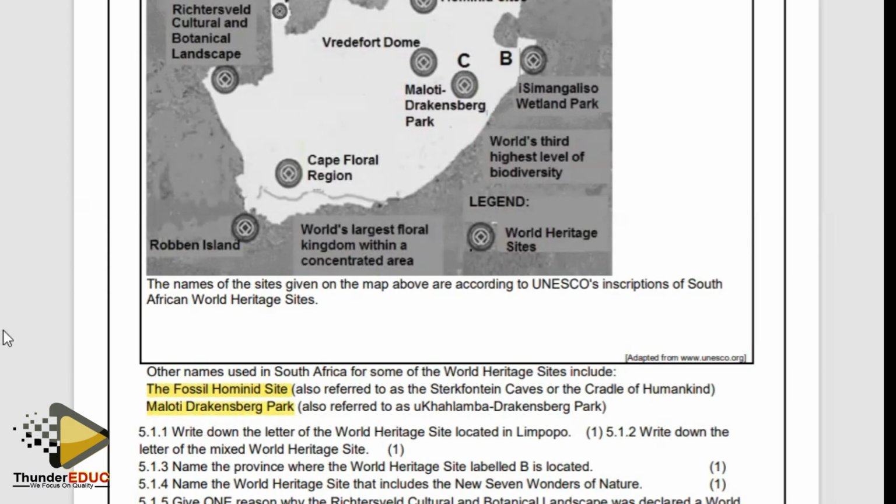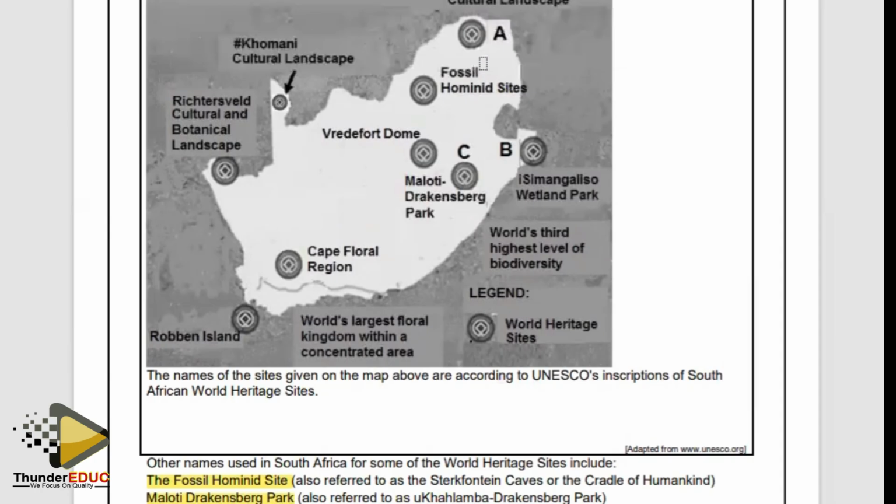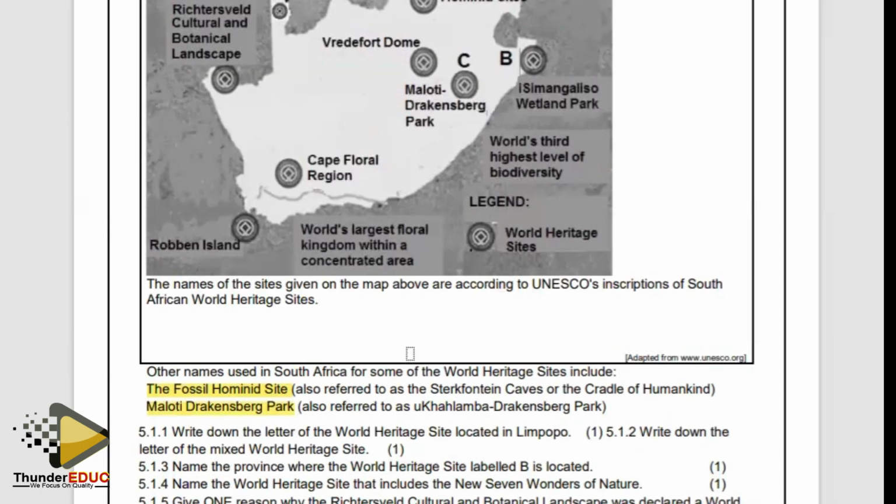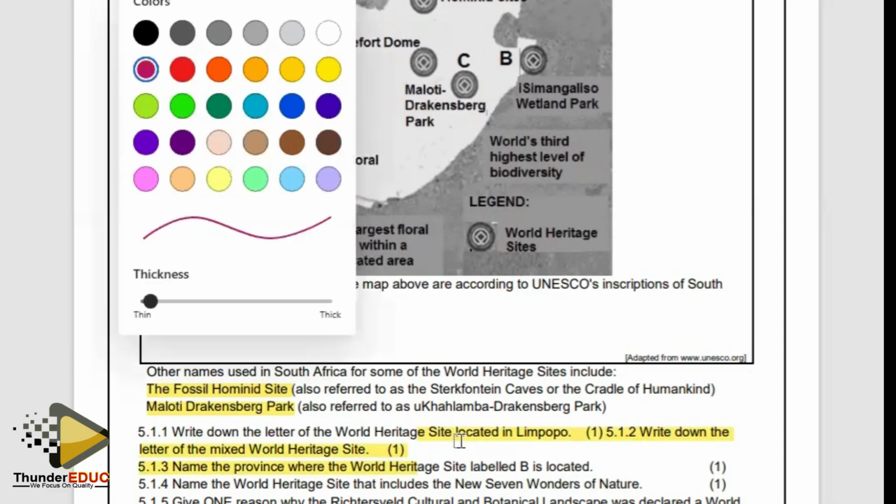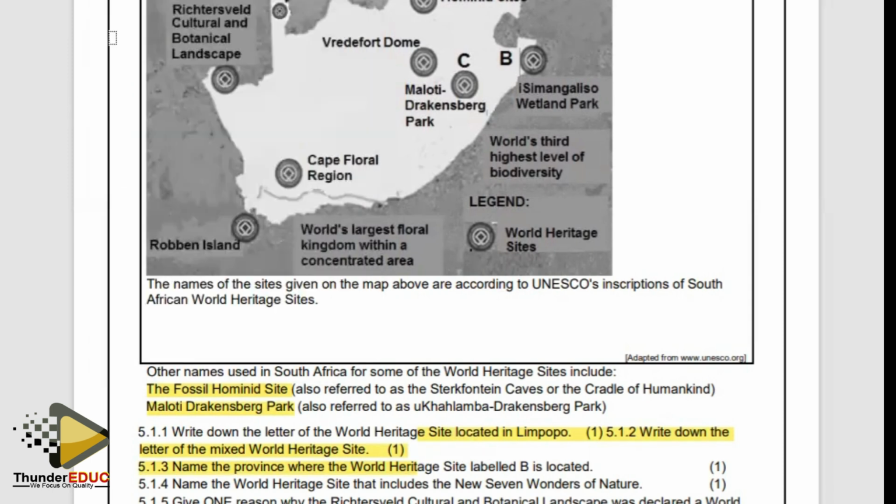Then moving on to 5.1.1, write the letter of the World Heritage Site located in Limpopo. Obviously, the World Heritage Site located in Limpopo province will be Mapungubwe.